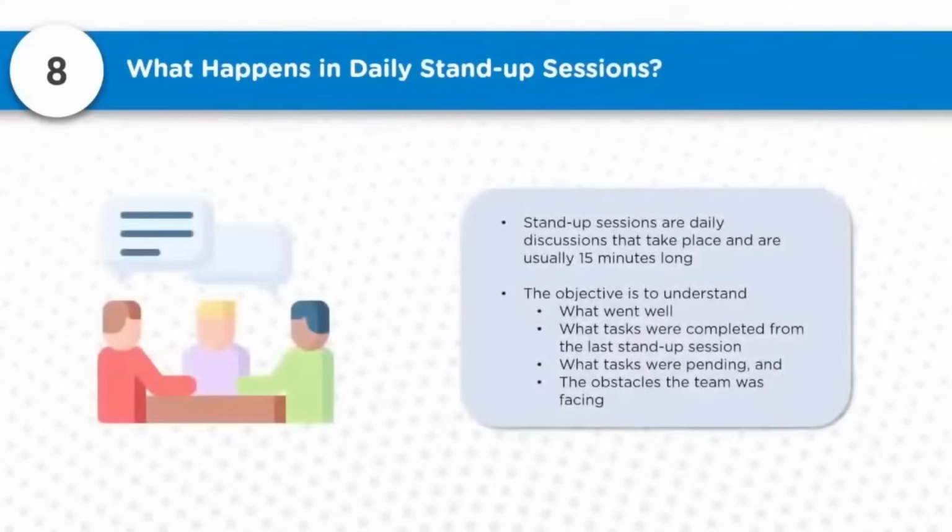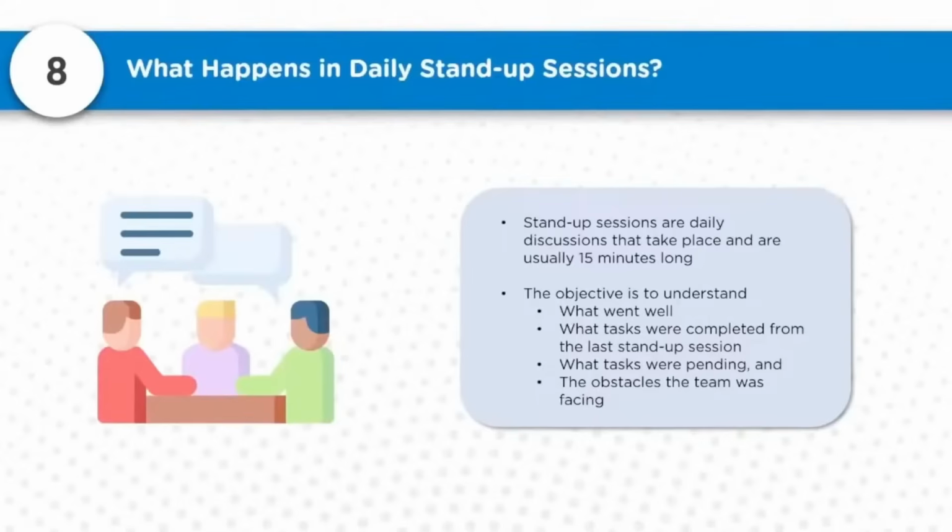So next question, what happens in daily stand-up sessions? Daily stand-up sessions are discussions that take place daily and are usually 15 minutes in duration. The objective is to understand what went well, what tasks were completed since the last stand-up session, what tasks are pending, and the obstacles the team is facing.